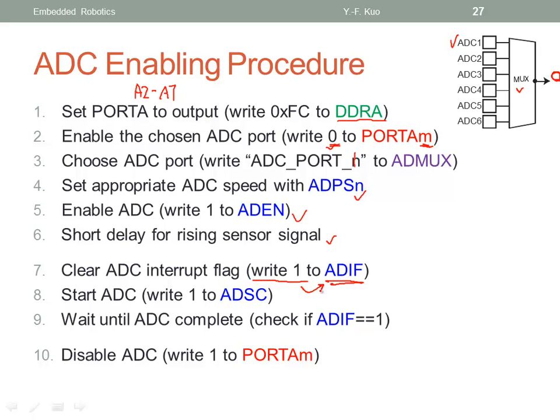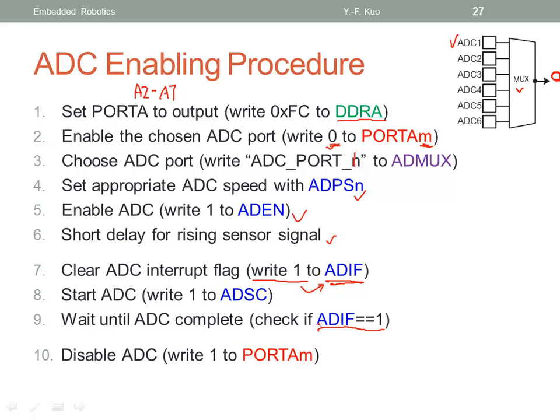So remember this. Next we start ADC conversion by writing 1 into the ADSC, start conversion. Then we wait until ADC is complete. How do we know that ADC is complete? We check this ADIF to see if it is 1. If it is 1, that means the conversion is done.